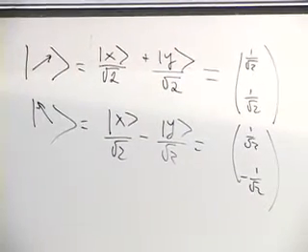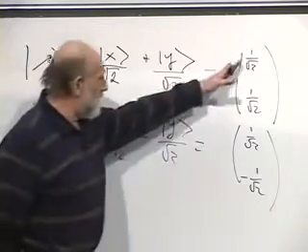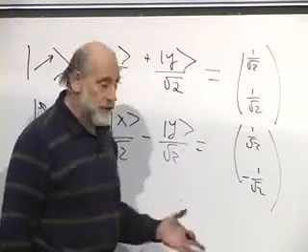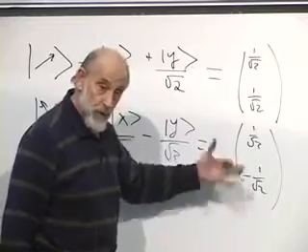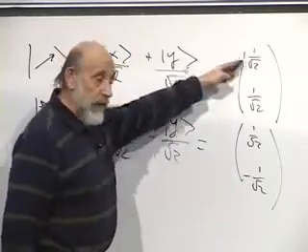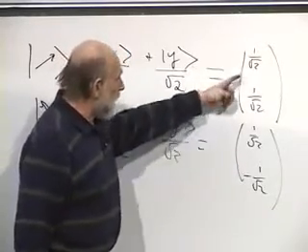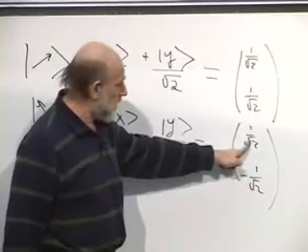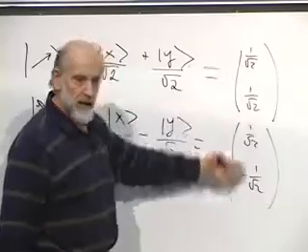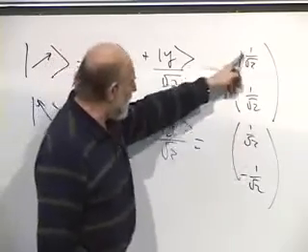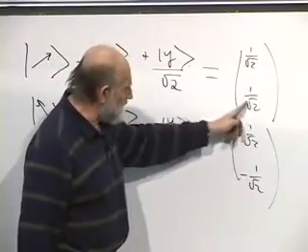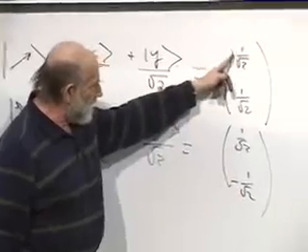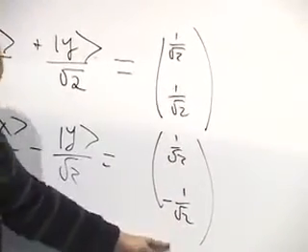Let's check that these are orthogonal. First of all, they're both normalized. Both of them, the sums of the squares of the coefficients add up to 1. No question of that. Are they orthogonal to each other? Yes. To check whether they're orthogonal, you take this times the complex conjugate of this. Everything's real here, so I can ignore the word complex conjugate. This times this plus this times this. That's 1/2 minus 1/2.